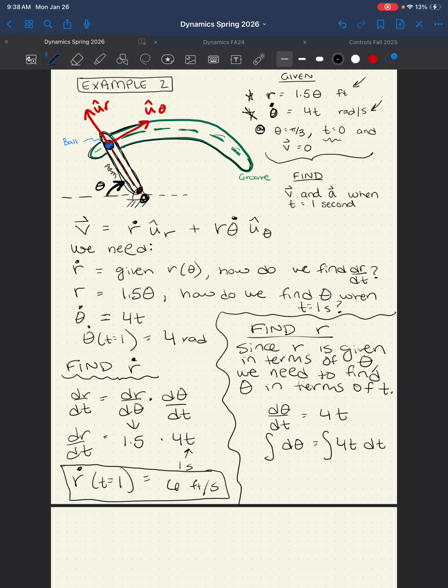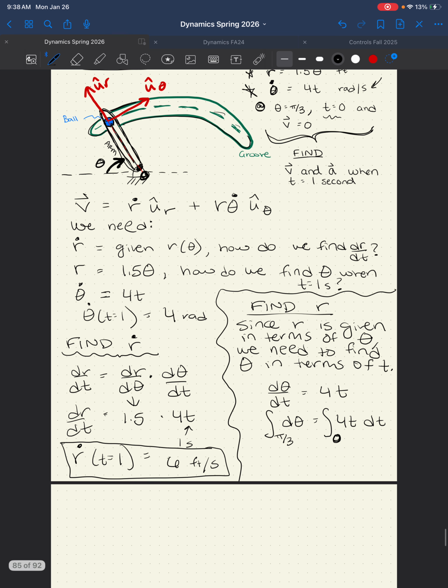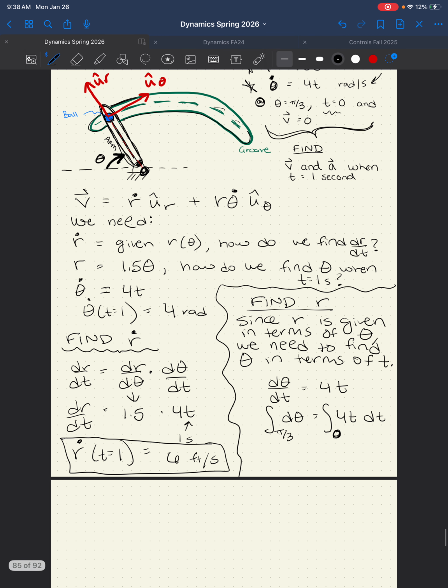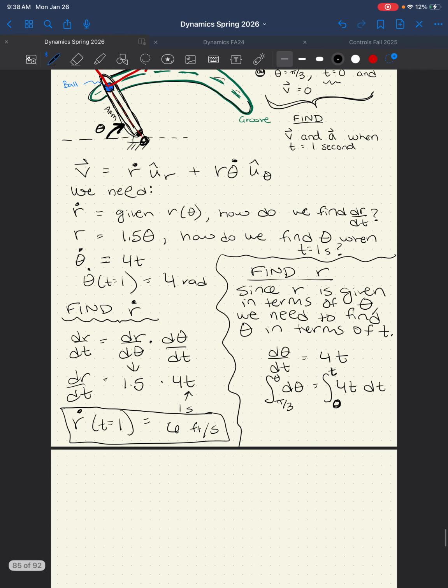Now this is why we were given these initial conditions up here in the problem. We're told that when t equals 0, theta is equal to pi over 3. So that gives us our initial condition. And then I really want just a generic form of theta as a function of time. So I'm just going to say we're going to go from t equals 0 to any theta in time.